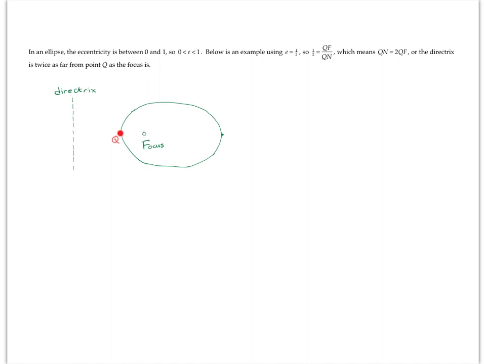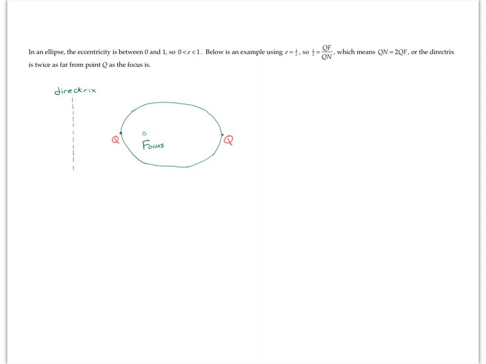So that's one of the points that satisfy QN being twice as long as QF. And then the other vertex on the other side over here is another one, where the distance to the directrix is exactly double the distance to the focus.